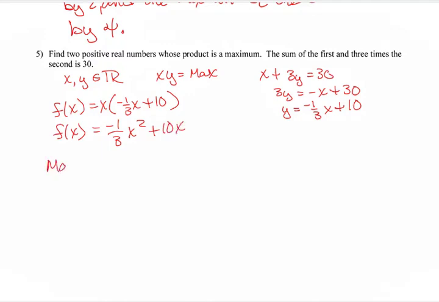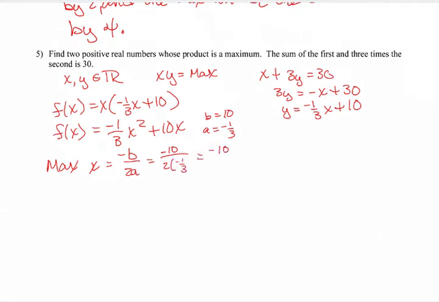Now for my max, I know that my x value has to be equal to negative b over 2a. So b equals 10 and a equals negative 1/3. So that's negative 10 over 2 times negative 1/3.